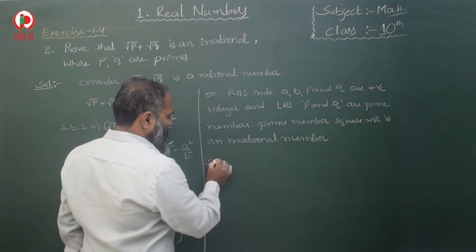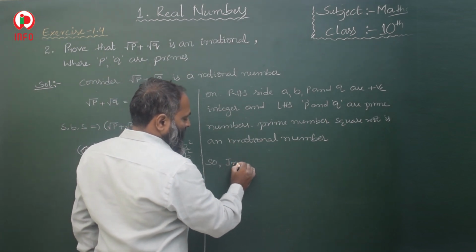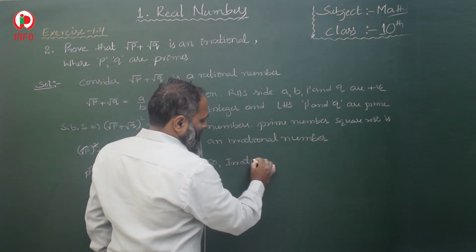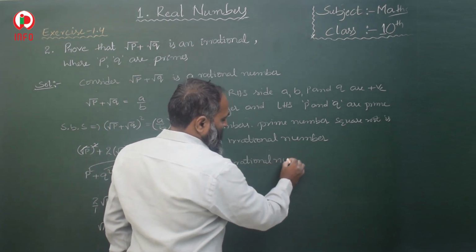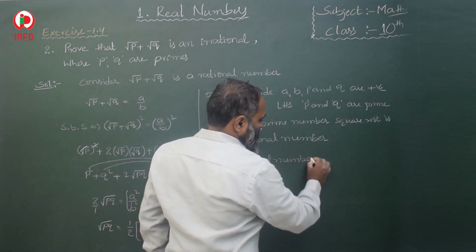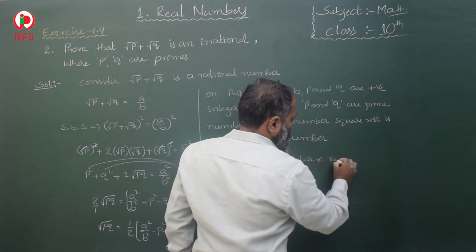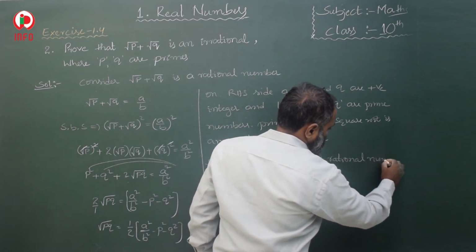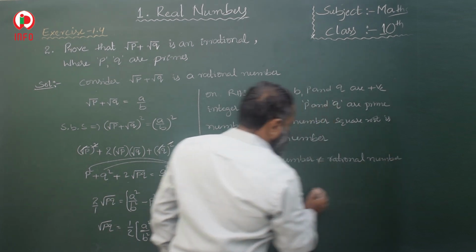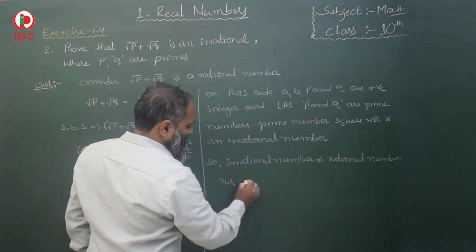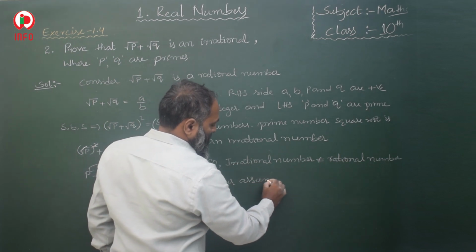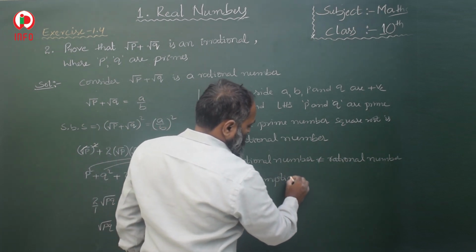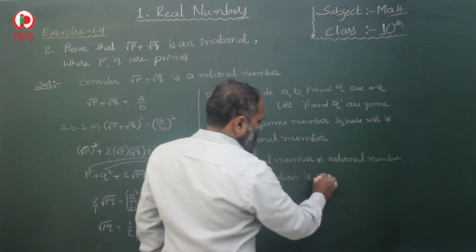So an irrational number is not equal to a rational number. Our assumption is wrong.